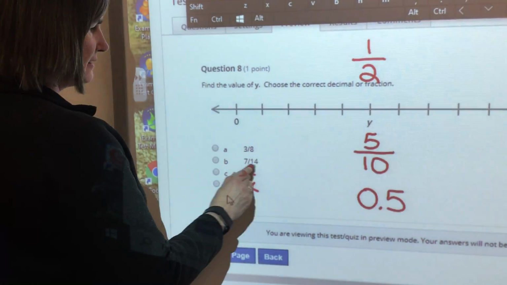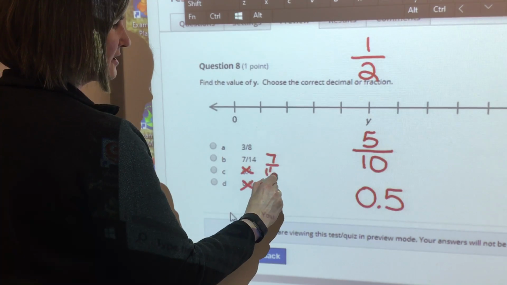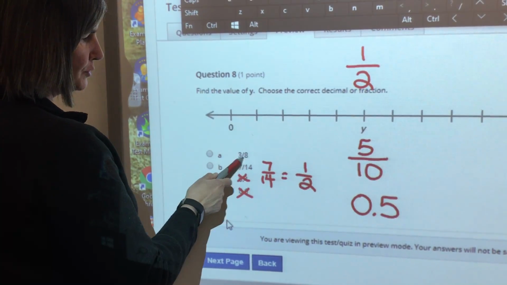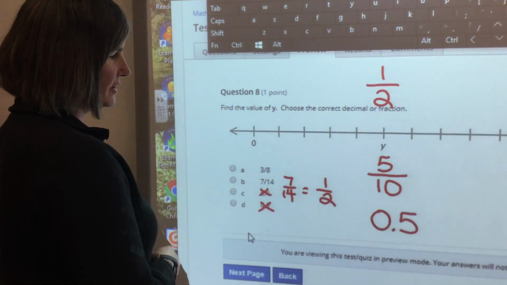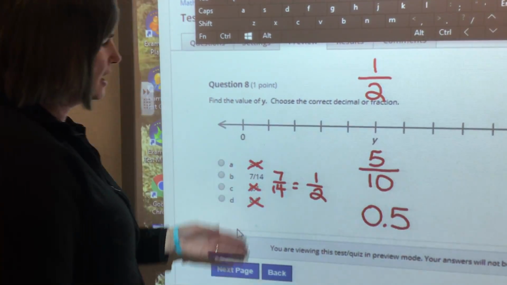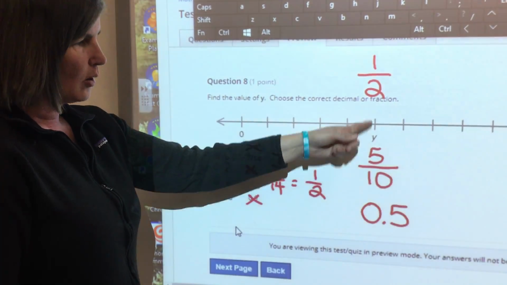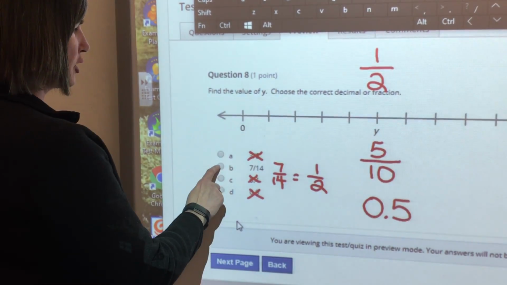B. That's right, letter B. All right, 7/14 is also equivalent to 1/2. And we know 3/8 is not, because it would have to be 4/8 to be equivalent to 1/2, and so that also is not a correct answer choice. All right, so 7/14 would be equivalent to what this number represents, 5 tenths, and that would be the equivalent value.